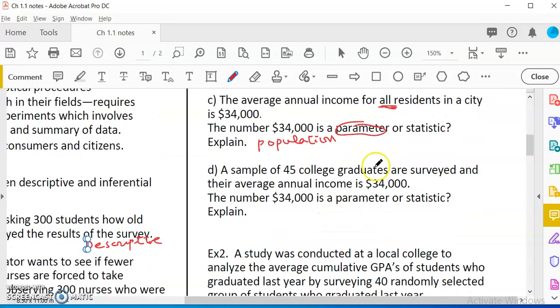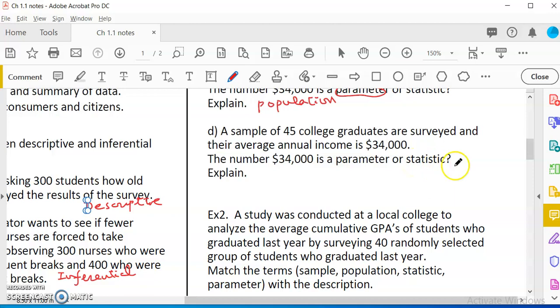D, example of a 45 college graduate survey, and the average income is 35,000. So look at the sample. You calculate something from the sample. The data itself, someone would have an income of 30,000 only, some would have 55,000, but after you average all the data, you get this number.